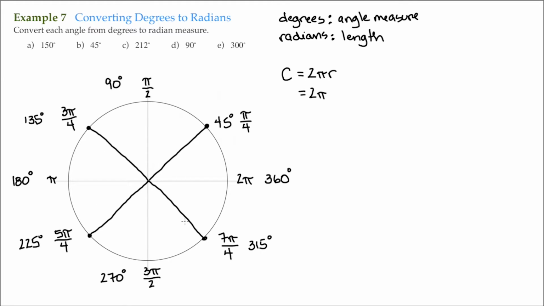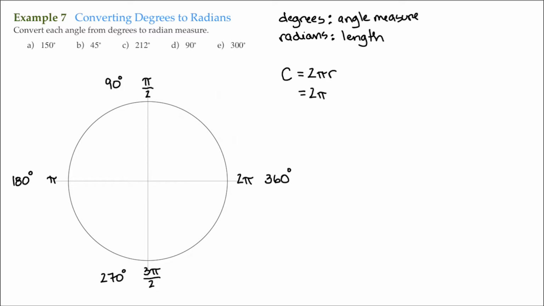Okay? 30 degrees, we've used that for a special right triangle. 30 degrees is 1/3 of 90 degrees.